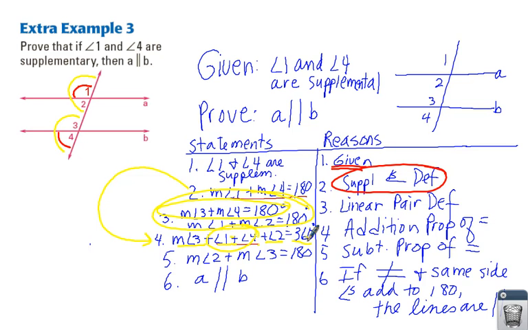They subtracted it from both sides, subtraction property of equality, and we're able to get the measure of angle 2 plus the measure of angle 3 equals 180. And that tells us this one plus this one sum to 180, which means they're parallel lines because same side angles add to 180, or consecutive angles adding to 180, hence the lines are parallel.